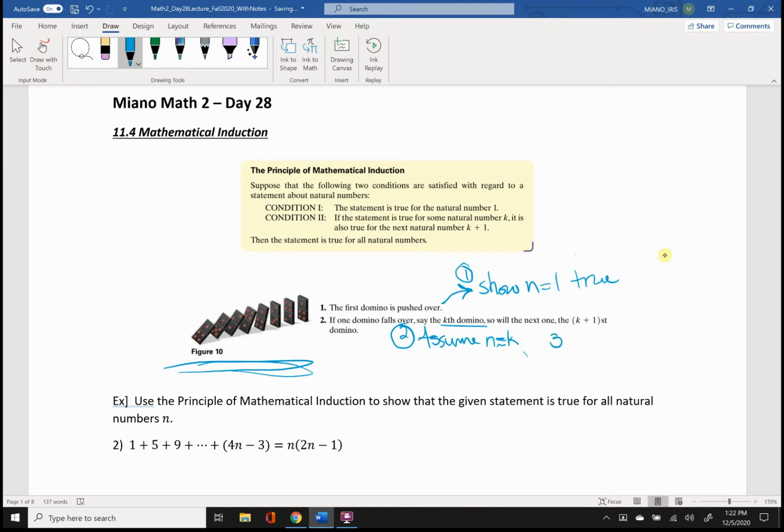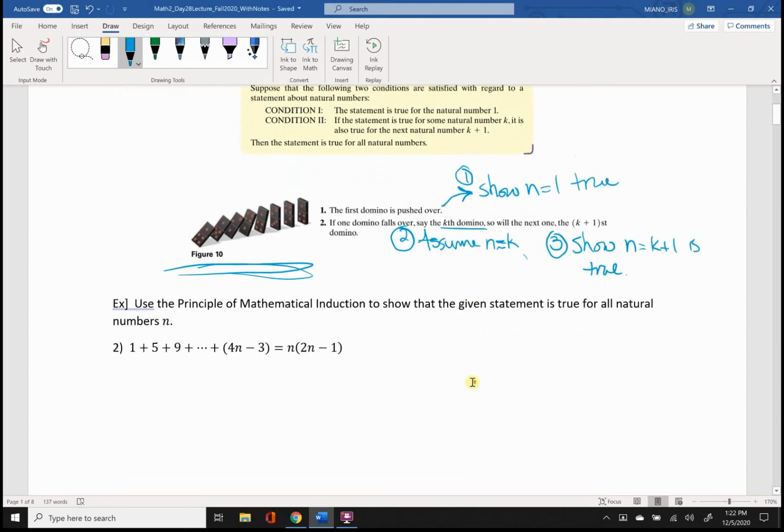Then step 3 is to show that n equals k plus 1 is true. You're going to use what was assumed to be true in step 2 in order to show that step 3 is copacetic.